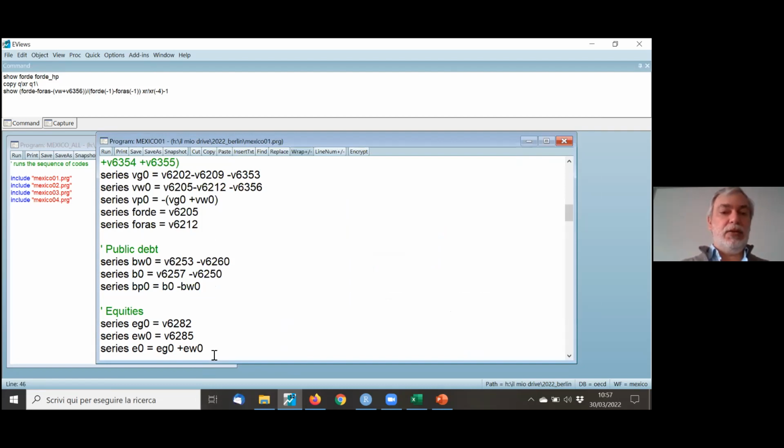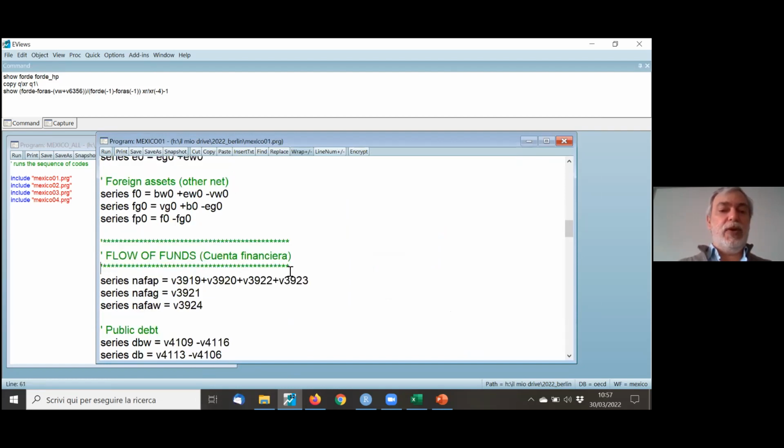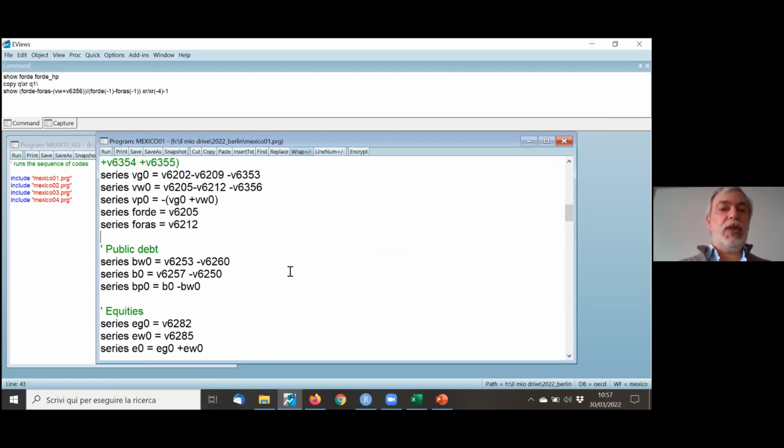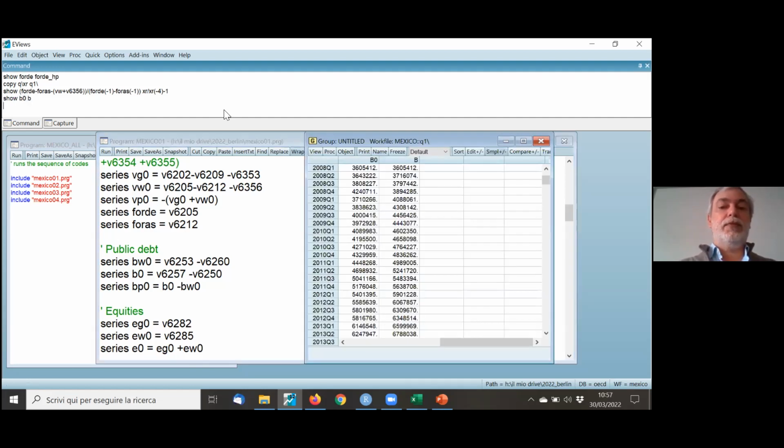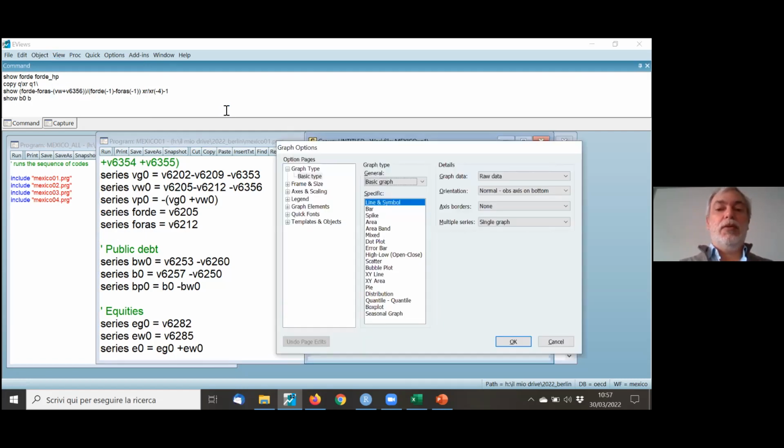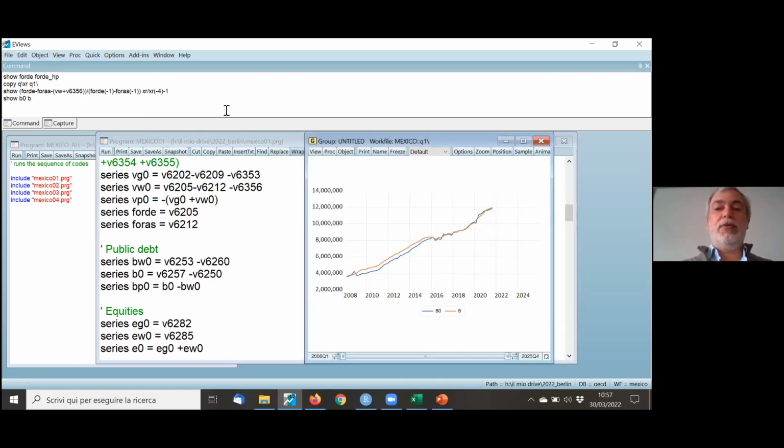So government bonds are in lines B6 to 5-7, and we already constructed the series at historical costs. So in this case, the measures are very close.